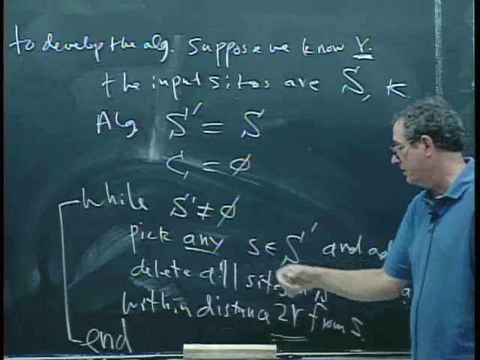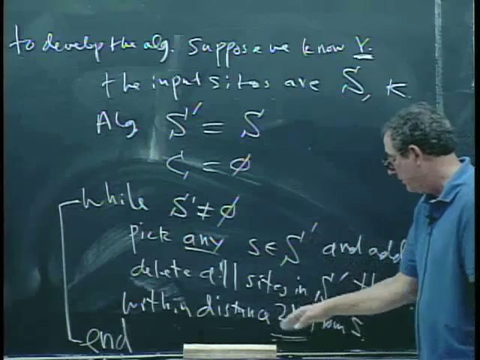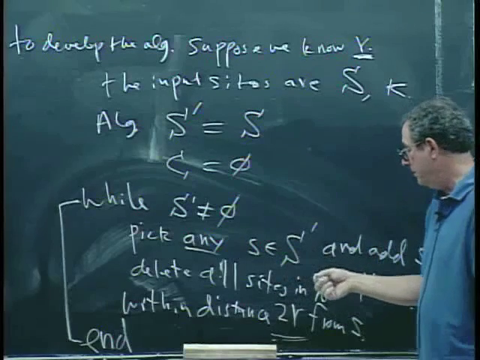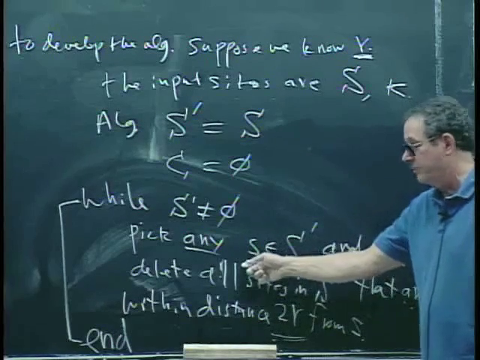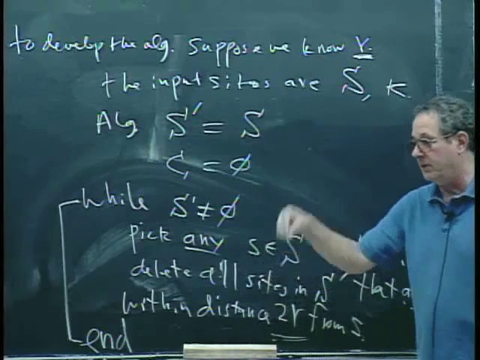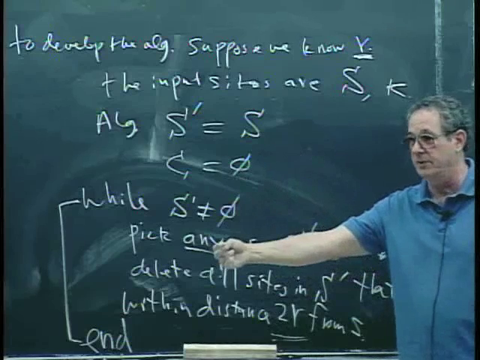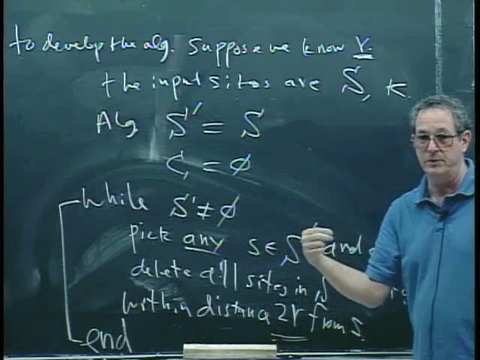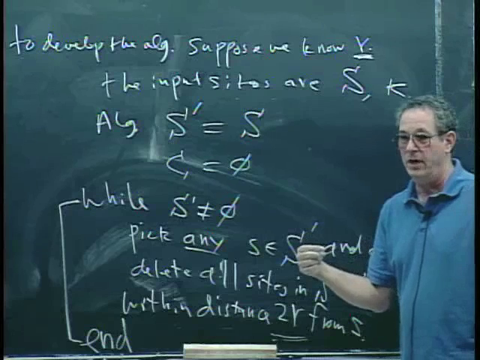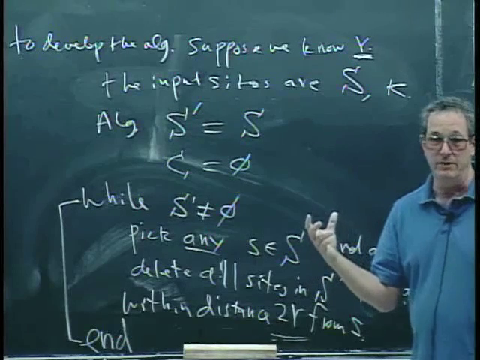Because suppose we did know R, and we kill off the ones that are within 2R, if there's anybody left, then the farthest one from the one we just picked will certainly be left. Okay? So you pick one, and then the next one you pick is the farthest away from it, and the next one you pick is the farthest away from it, and so on. And when do you stop? Well, you stop when you've picked K of these sites.